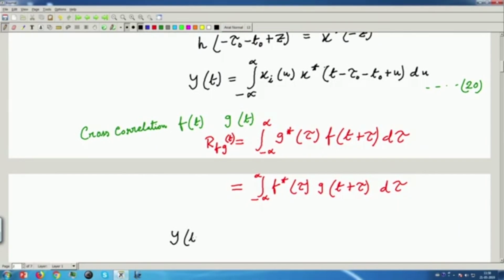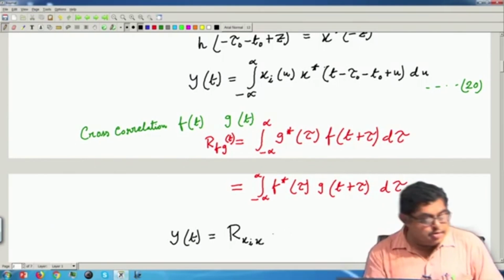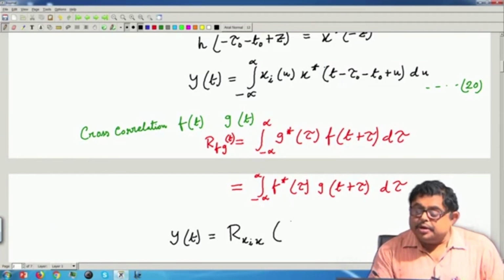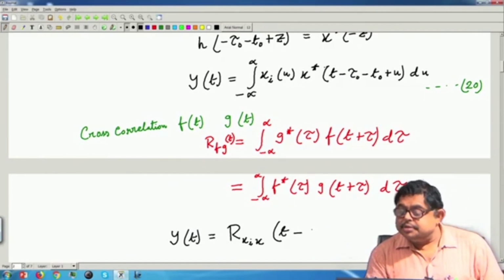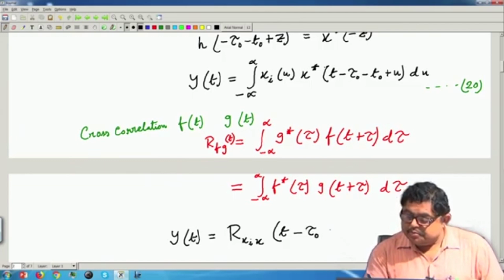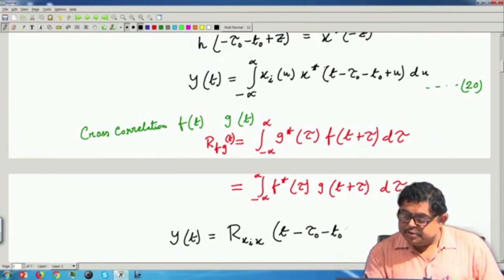So, y t in terms of this, I can write that it is the cross correlation between x I and x, and the variable is t minus tau naught minus t naught.